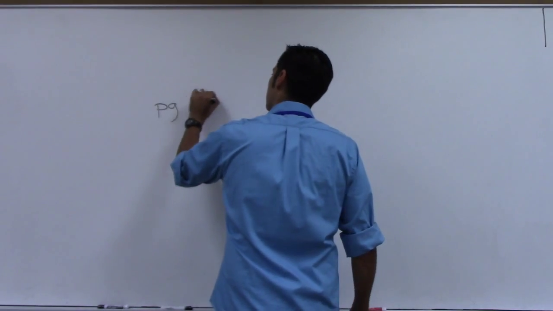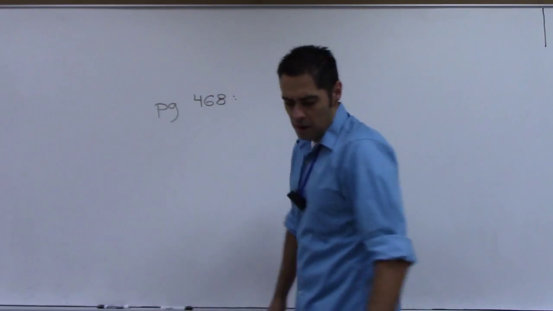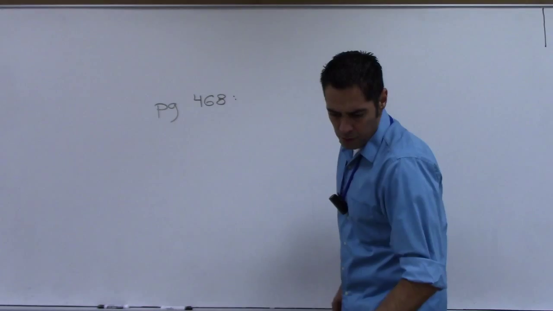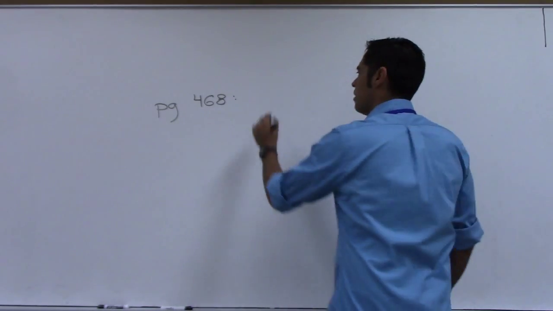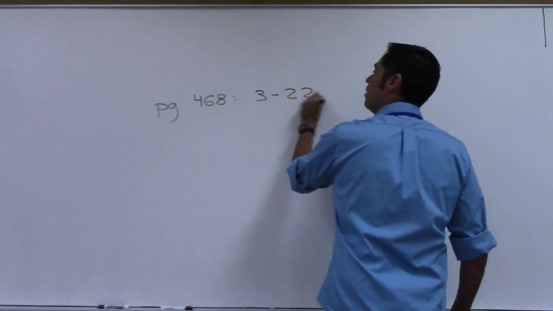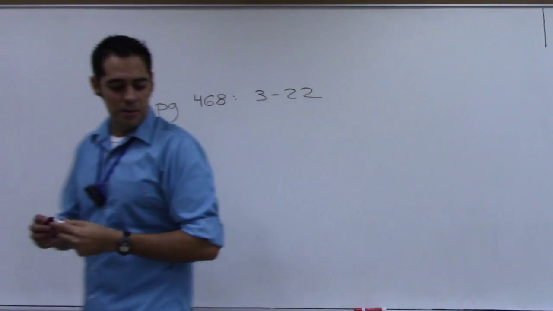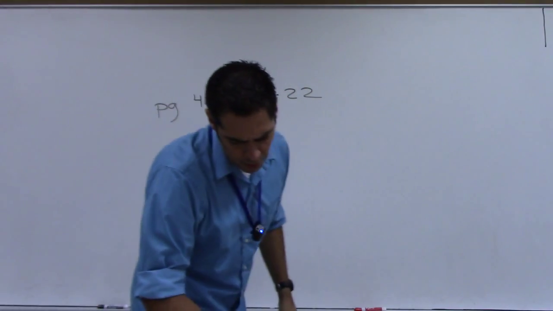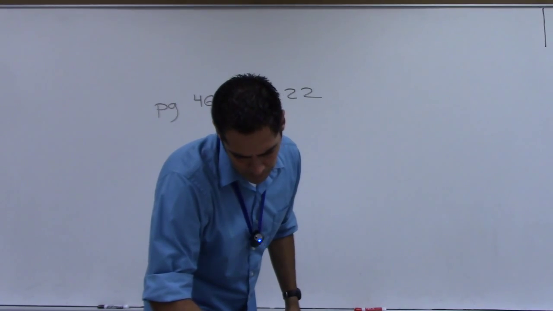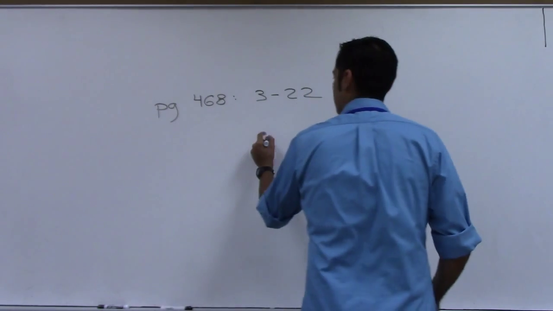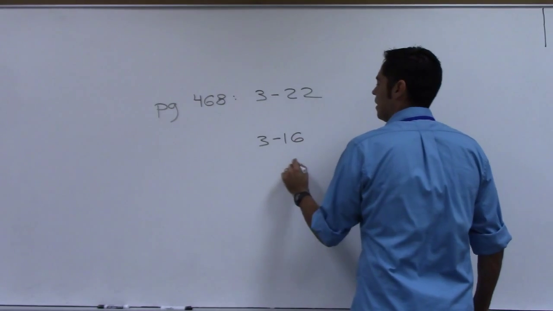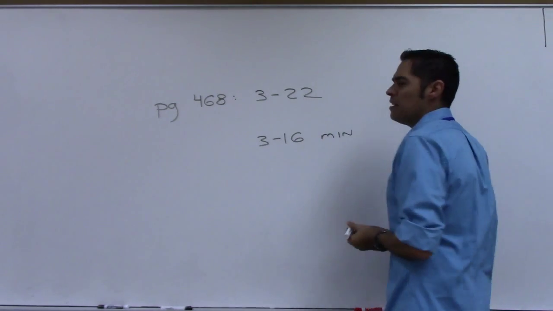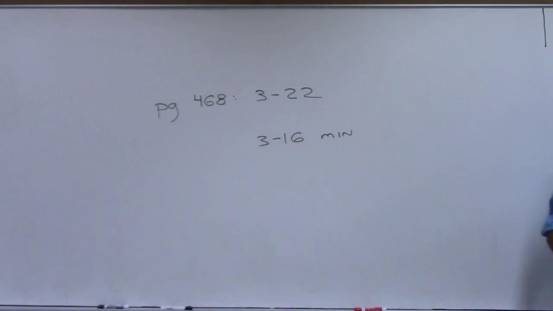Page 468, your homework for this. I would go and do 3 through 22. Well, that's what I'm going to do. I'm going to do 3 through 22. I'm not sure what you're going to do. At least up through 16, okay? 3 through 16 would be the minimum. Once they get past 16, they get pretty weird.